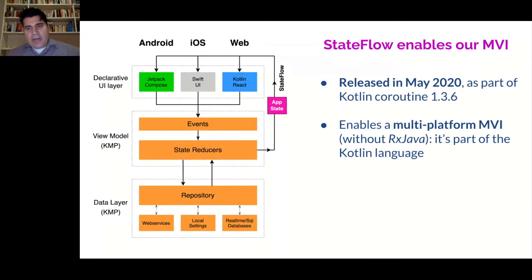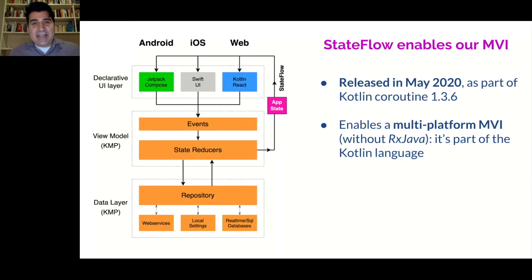So StateFlow enables an MVI pattern which is multi-platform, and not using RxJava. As you might expect, RxJava is platform specific, and with StateFlow, we are able to apply this MVI pattern very easily everywhere Kotlin works, on any platform that Kotlin can target, which is basically every target.